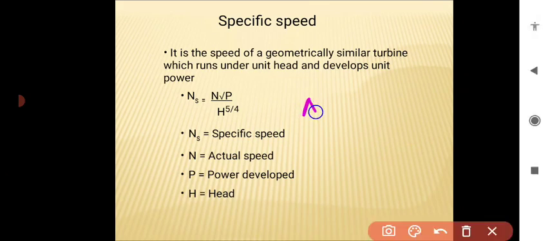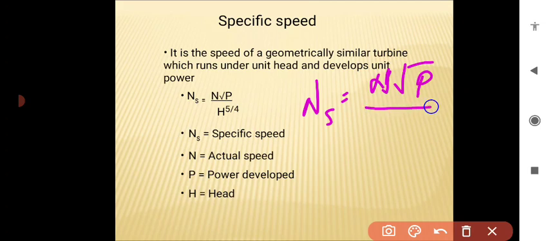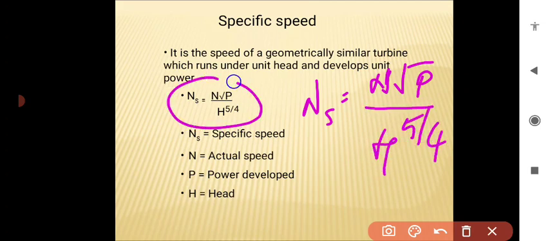Ns is equal to N root P by H power of 5 by 4. This is very important for your competitive exams. Here Ns is the specific speed, N is the actual speed, P is the power developed, H is the head.